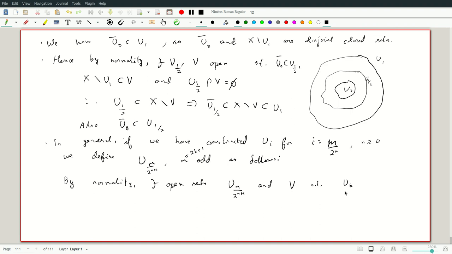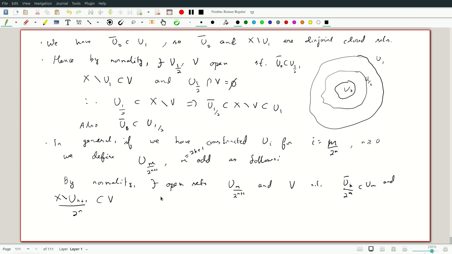U_k over 2 to the n is contained in U_m, and now again we are going to use the closure of an open set, which is going to be closed. So U_k bar is contained, this is closed, and then we have the complement of the next thing, which is U_{k plus 1}, contained in V, that is x minus U_{k plus 1 over 2 to the n}.